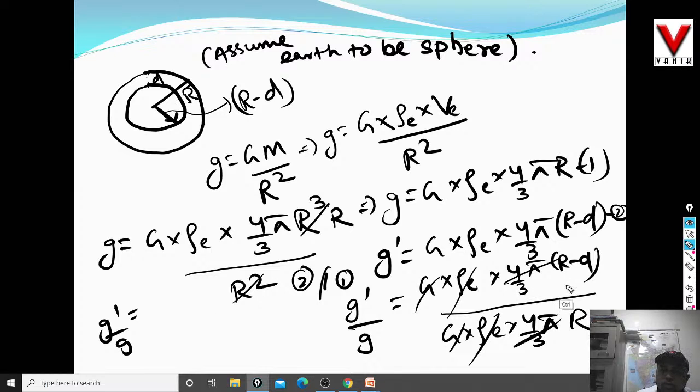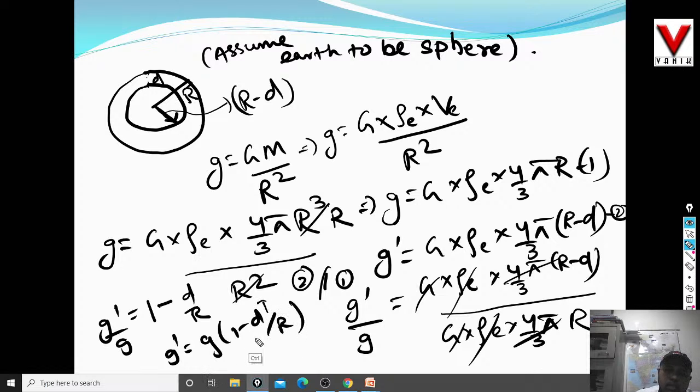If I split this term, that is r by r minus d by r. So this is 1 minus d by r. So g dash is equal to g into (1 minus d by r). That means what is happening? If I increase the depth, this particular d by r ratio will increase.